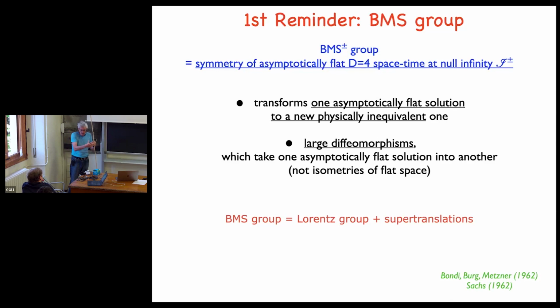They can be different away from null infinity, but they leave invariant what you have at null infinity, which is exactly where we have our celestial sphere. Or you may say they are called large diffeomorphisms, which take one asymptotically flat solution to another one. So you don't change the asymptotic behavior of your solutions, but of course you might change the space-time somehow at finite distance.